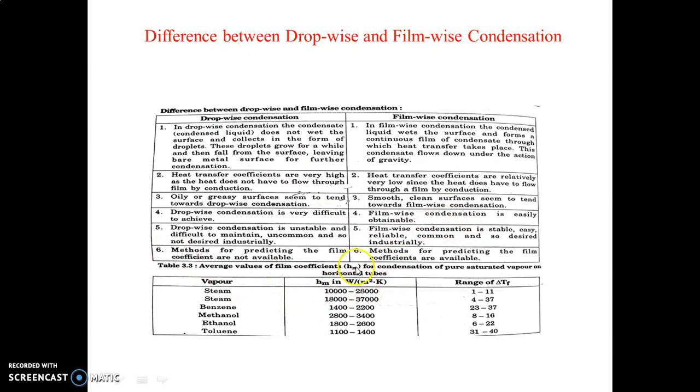So for that purpose, I have shown this table for the different values. From this we can conclude that when the heat transfer takes place as latent heat, or whenever there is a change in phase, maybe liquid to vapor or vapor to liquid, at that time the heat transfer coefficient and heat transfer rate are also high.